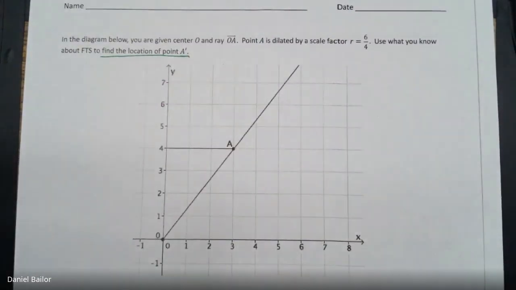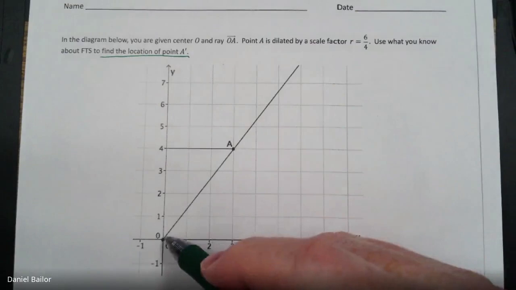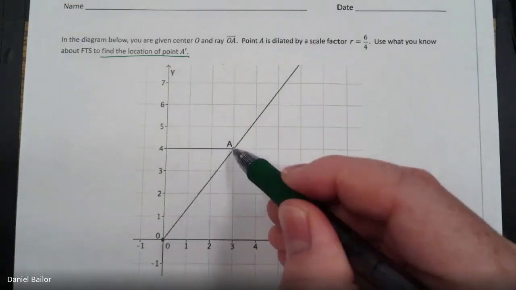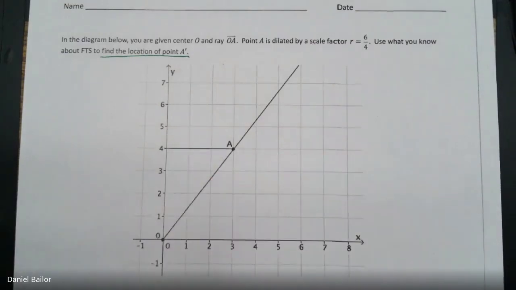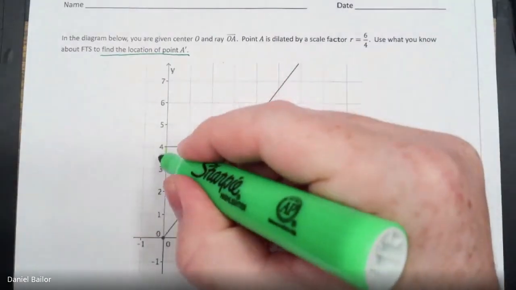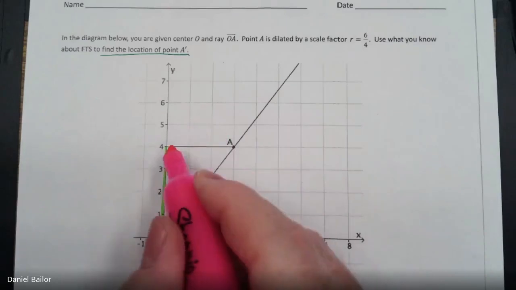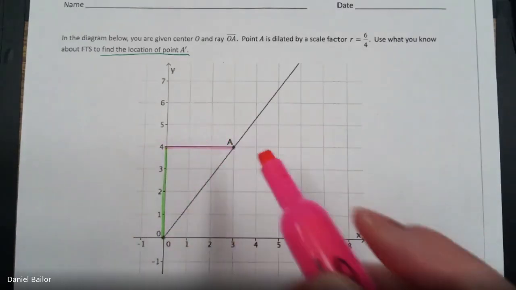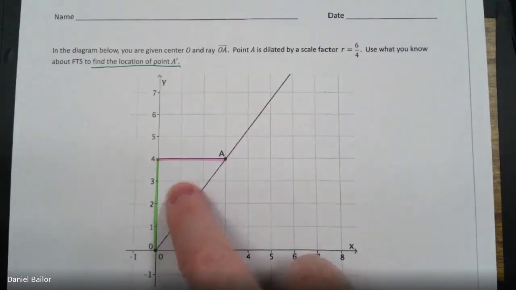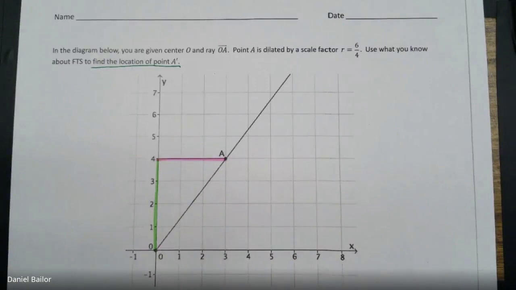Again, I would not use the diagonal. I would turn it into a triangle and use the legs, instead of the hypotenuse. So that's my advice.